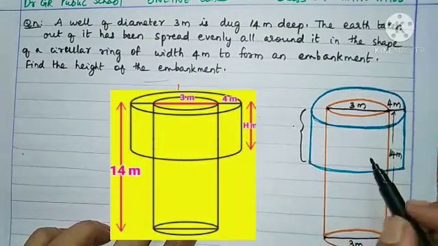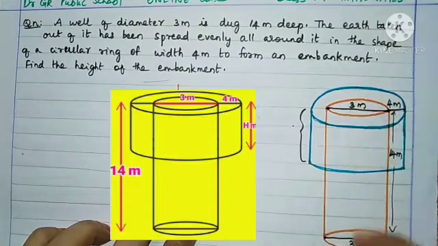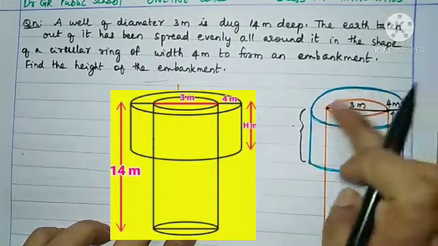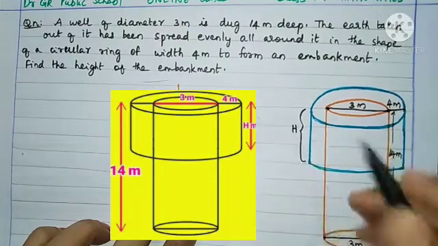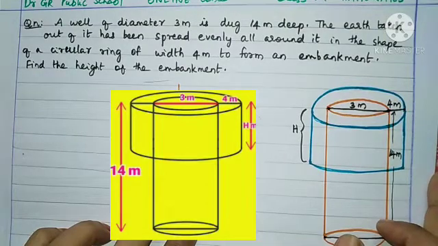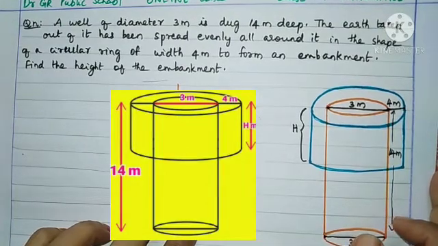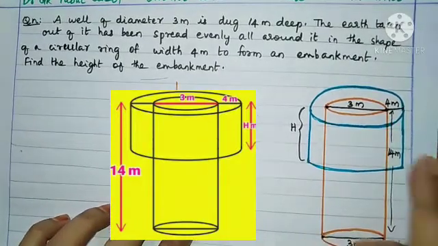So here we have two cylinders. The well is a cylinder, and the embankment is also a cylindrical model. I am taking capital H as the height of the embankment that we need to find out. Understand? Now what is the concept of this problem?